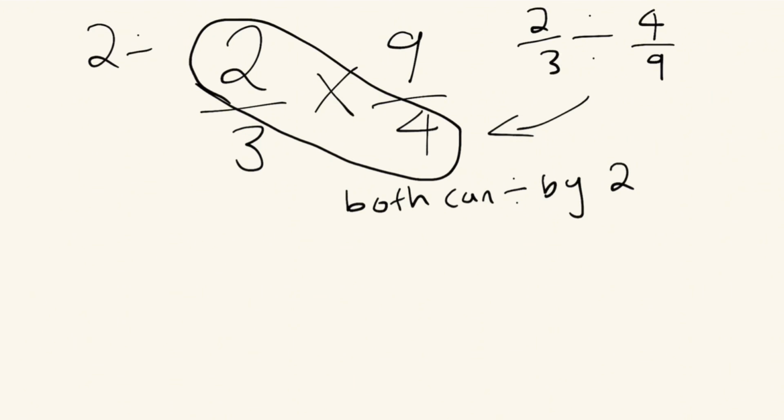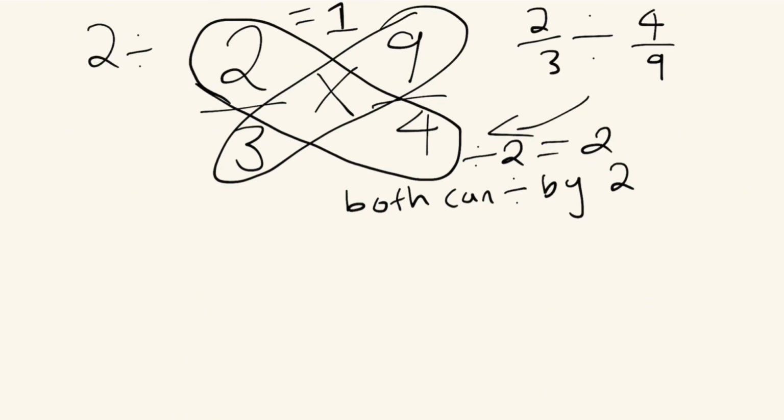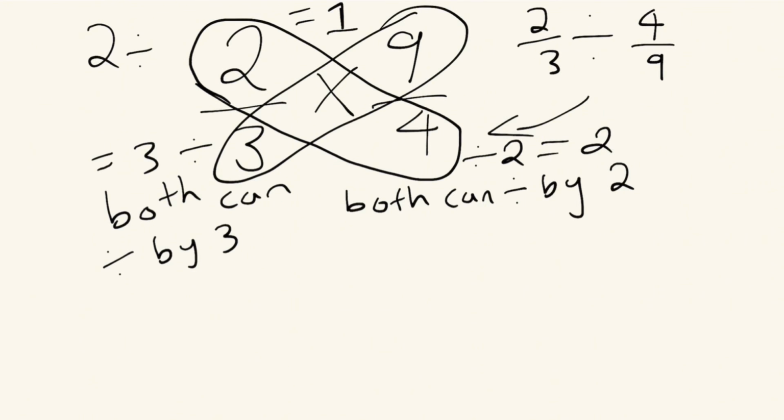So 2 divided by 2 equals 1, and 4 divided by 2 equals 2. Now we're going to look at the other side here. So when we're looking at this, 3 can go into both. So both can be divided by 3. So 3 divided by 3 equals 1, and 9 divided by 3 equals 3.